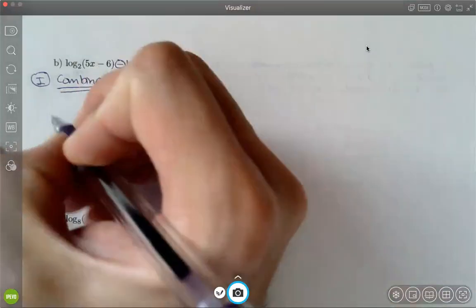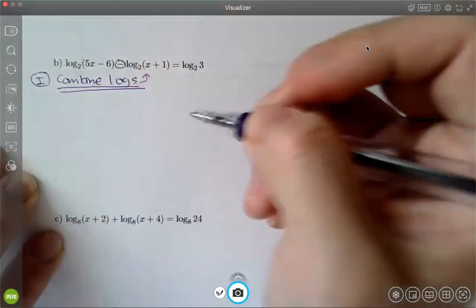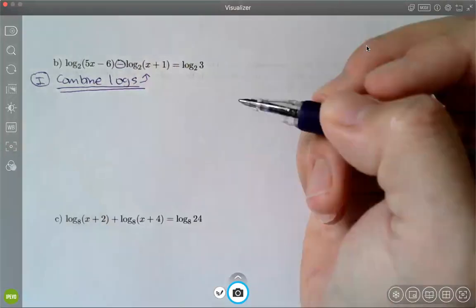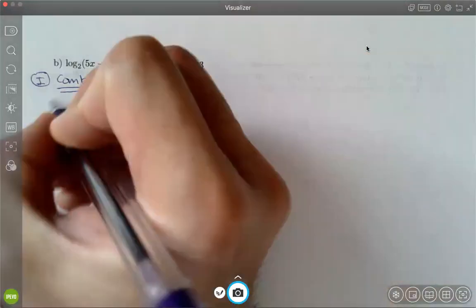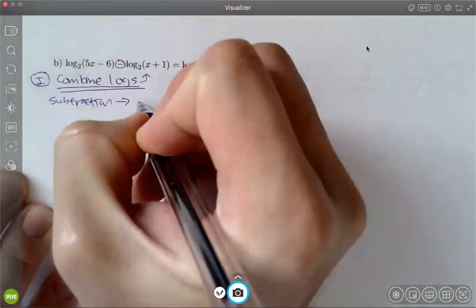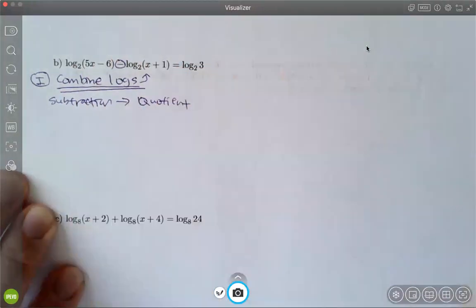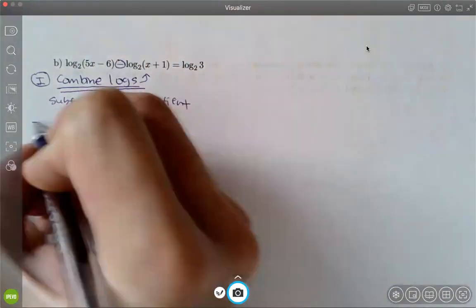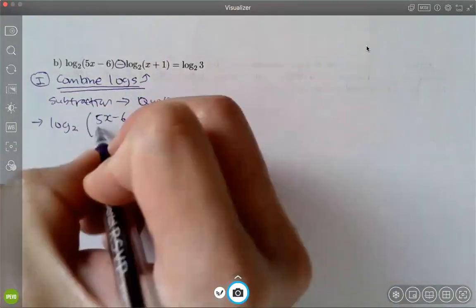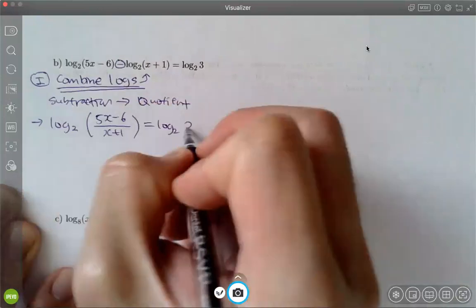Remember that product turns into addition, and the quotient turns into subtraction. So we have log base 2 of (5x minus 6) over (x plus 1), and then it is equal to log base 2 of 3.